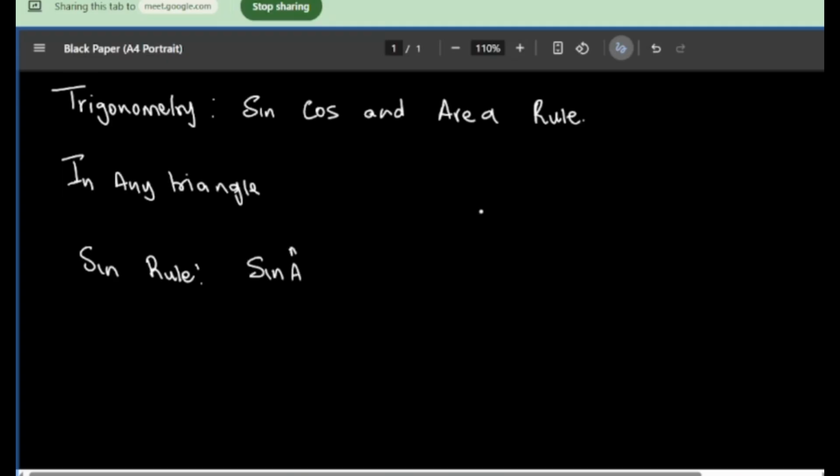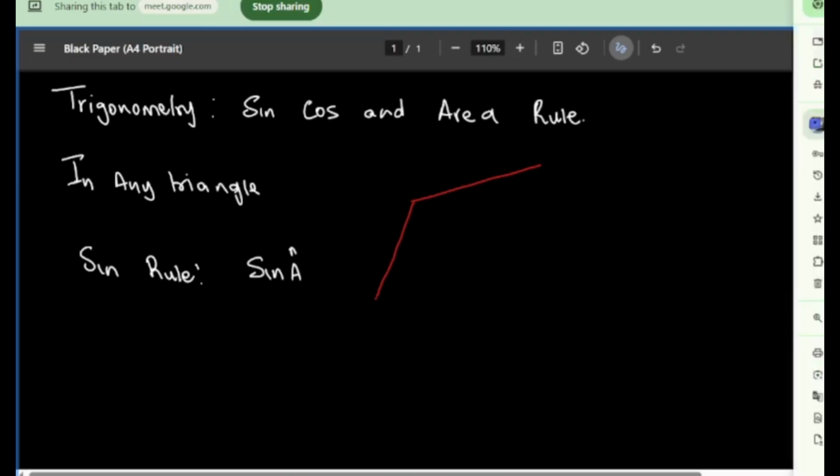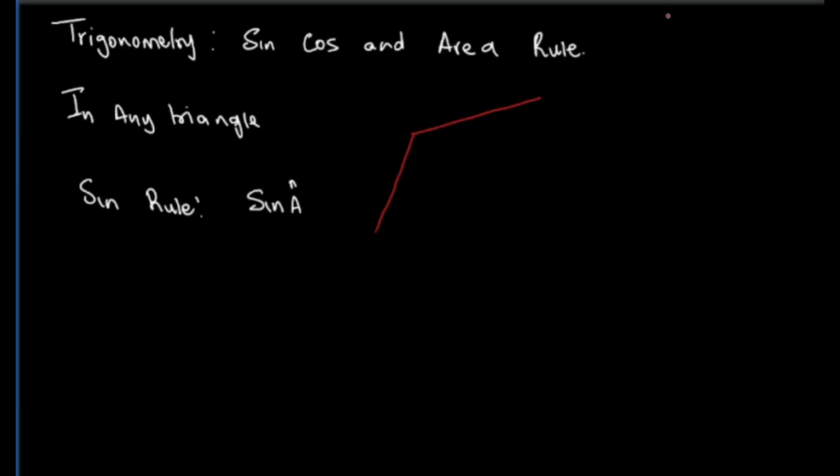So let's quickly put that triangle on the board. If I have a triangle like this, okay, this is my triangle.